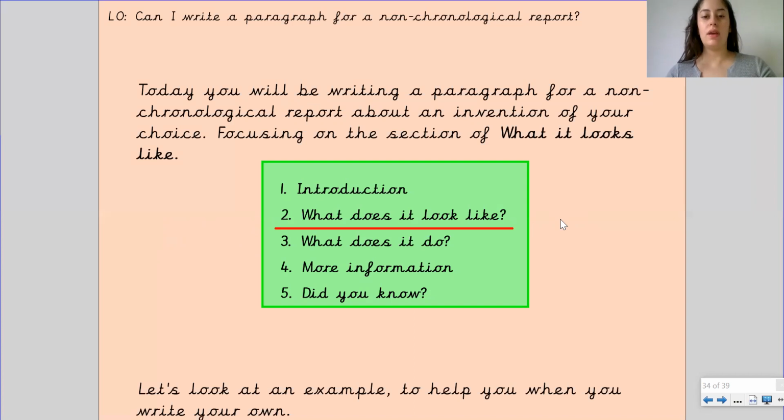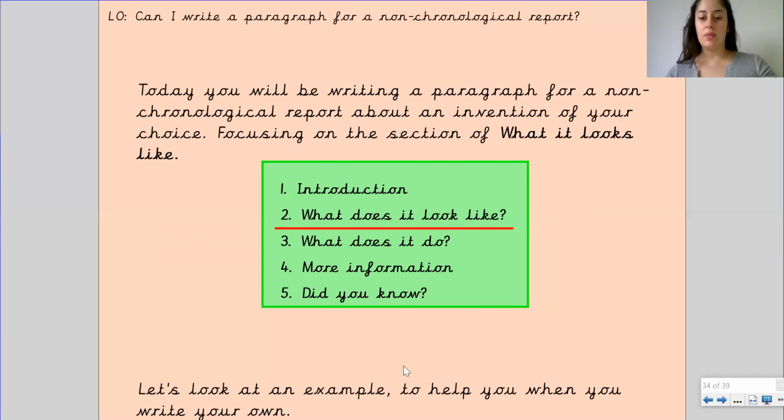It could either be an invention that we've looked at so far, or it could be an item that you've got at home, that you really like, that you would like to write your paragraph about. This is just for us to practice writing the different paragraphs. And we're going to focus on the section, what does it look like? So we probably will make use of our descriptive language in this section.